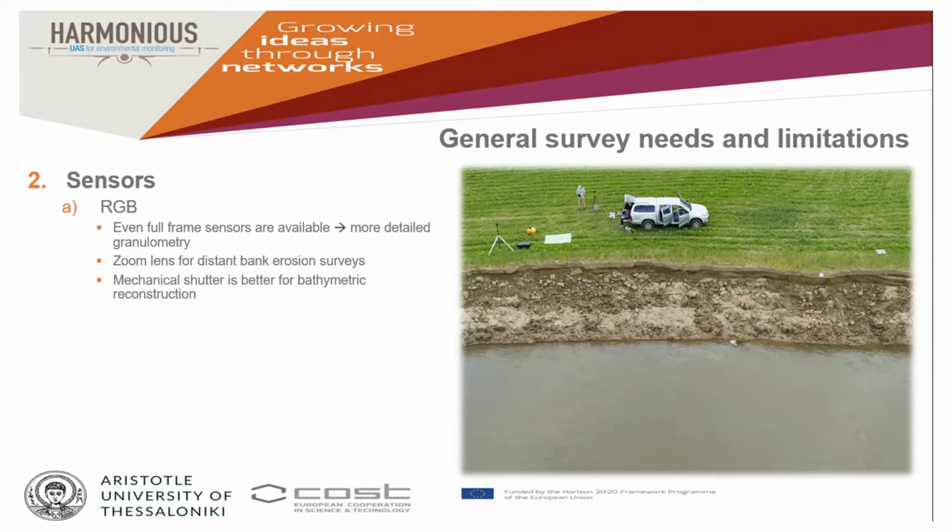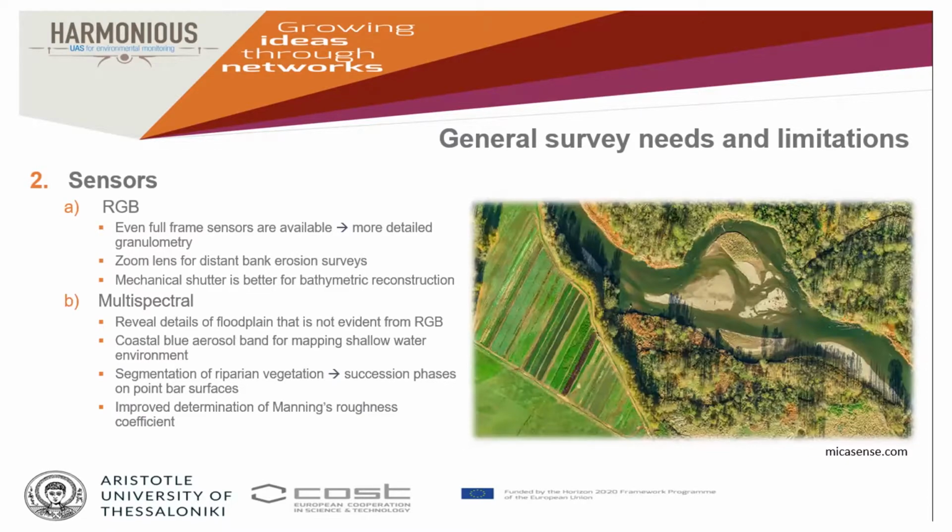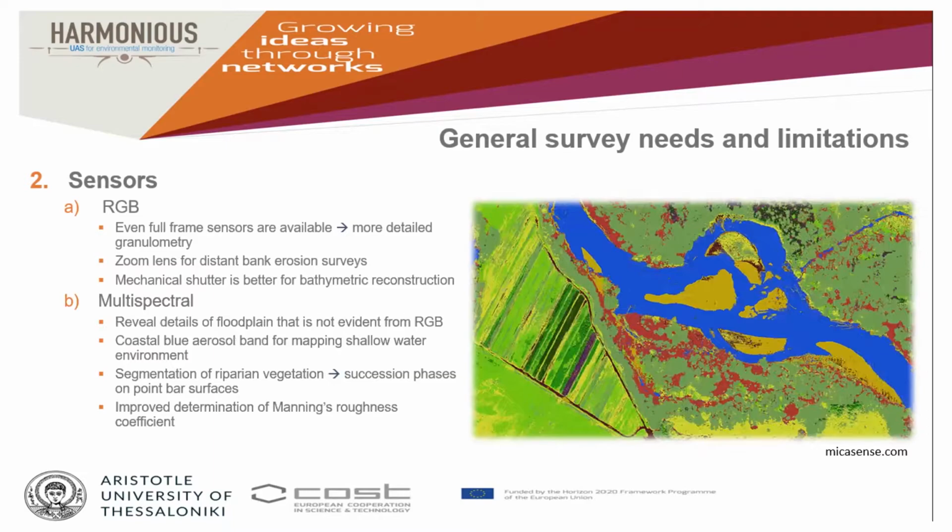Because in many cases we are not able to go to the inside bank of a river, especially in flooding periods. But the drones, of course, are ready to do it from a bit far away. And the newer cameras also have a mechanical shutter, which provides more reliable imagery for the bathymetric reconstruction.